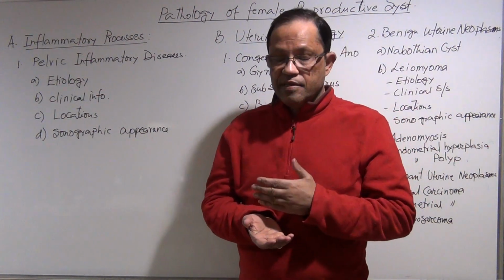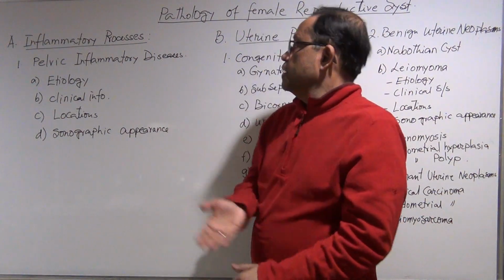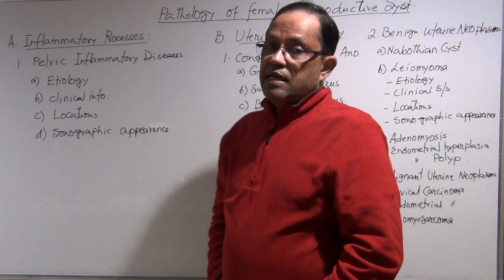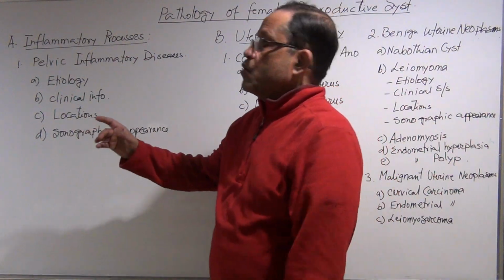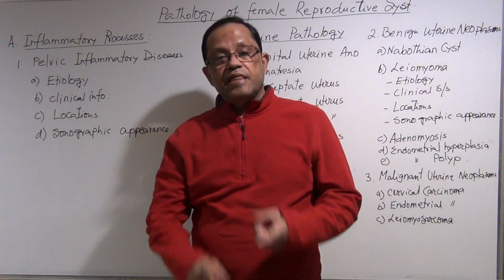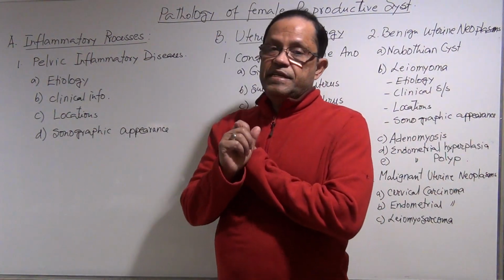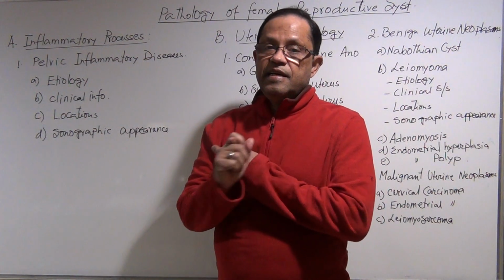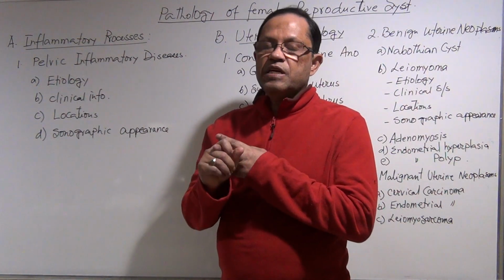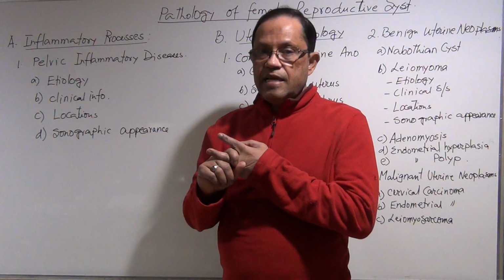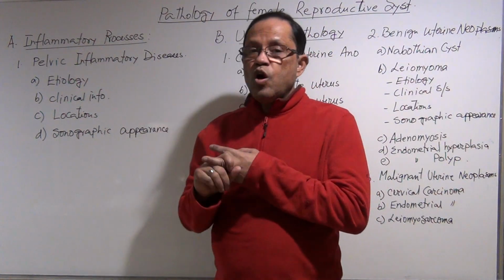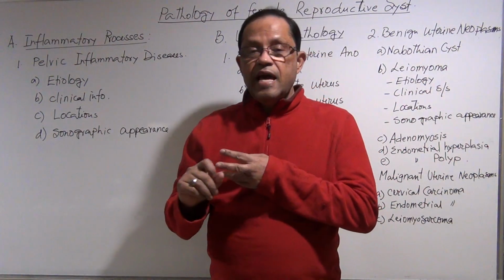Okay, I'm saying again that the number one inflammatory disease in the pelvis is PID, pelvic inflammatory disease. The number one complication is ectopic pregnancy, and the most common causes of PID are STDs.